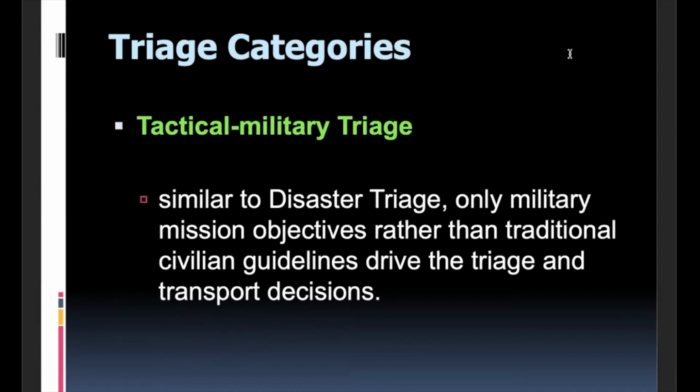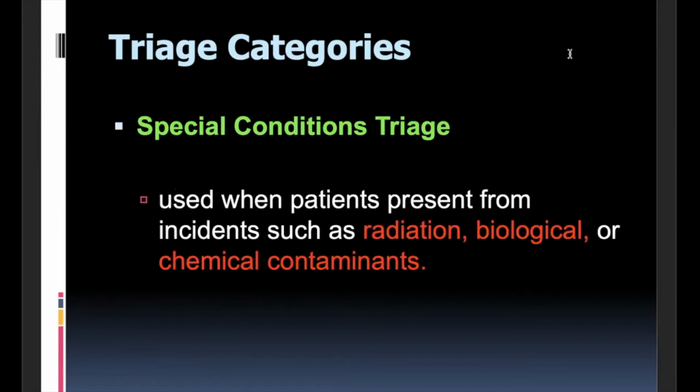Okay, tactical military triage, similar to disaster triage. Most likely, this one is being used in the military whenever they are in the battlefield or whatnot. Okay. Special condition triage means that it is used when patients present from incidents such as radiation, biological or chemical contaminants.